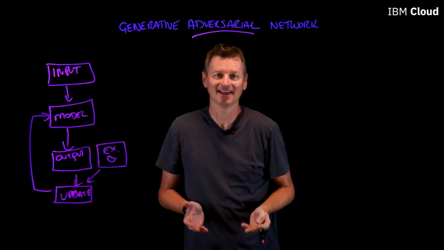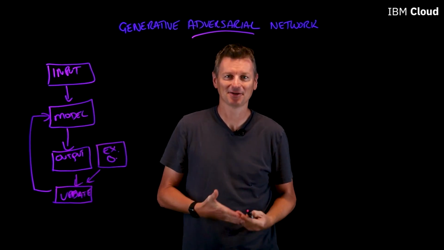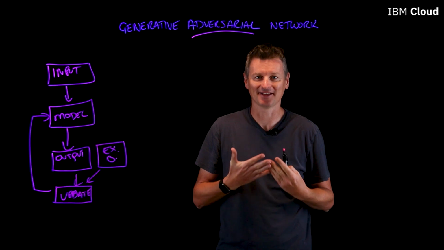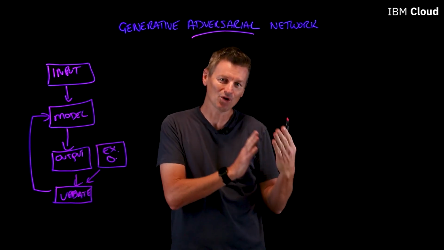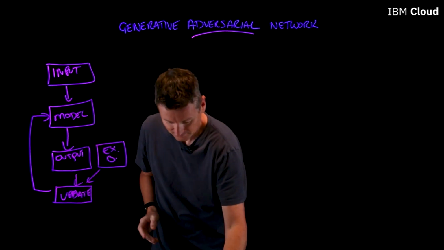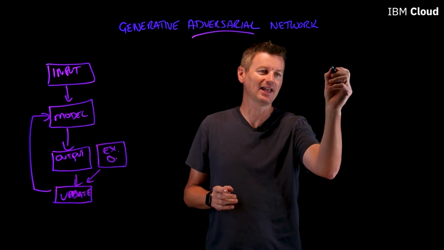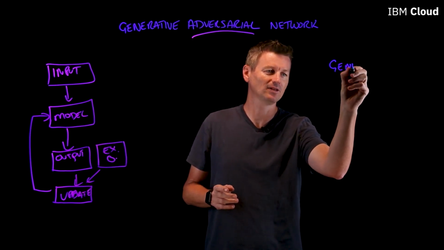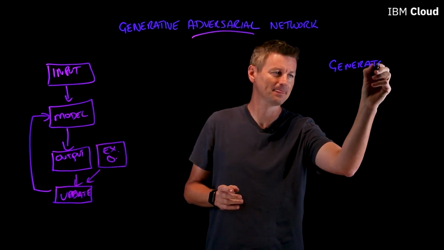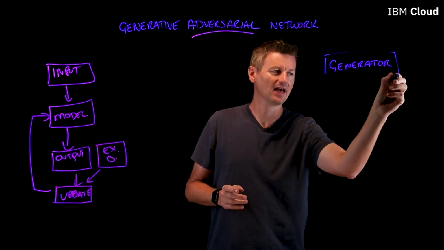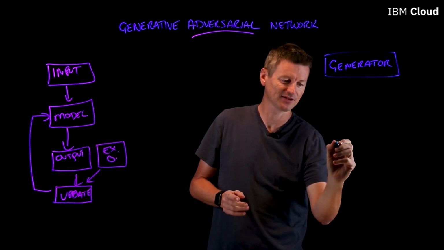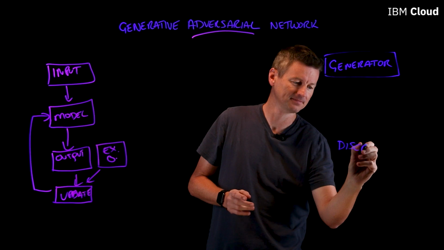A GAN is an example of unsupervised learning. It effectively supervises itself, and it consists of two submodels. So we have a generator submodel and we have a discriminator submodel.